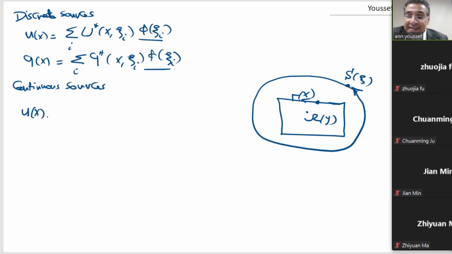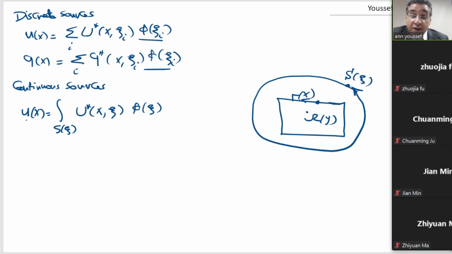U of x equal integral over the boundary S of xi of u asterisk between x and xi, times the phi of xi. There is nothing called xi I now because it's continuous, no more discrete sources. And I don't write the ds of xi, it's much better to write it, but I don't.